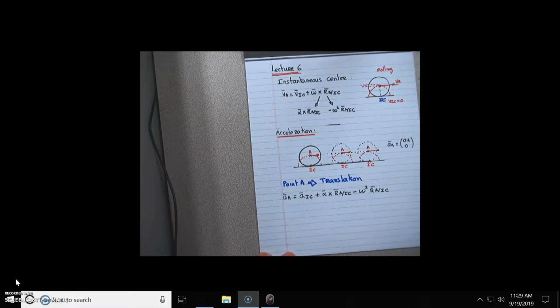Okay? So here I'm going to leave this acceleration of the instantaneous center as a variable, and I'm going to do the other ones.